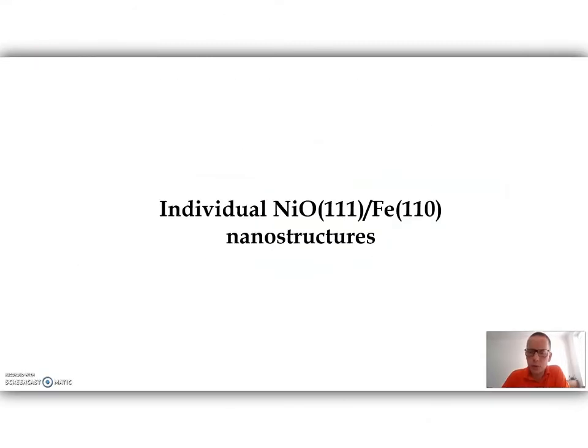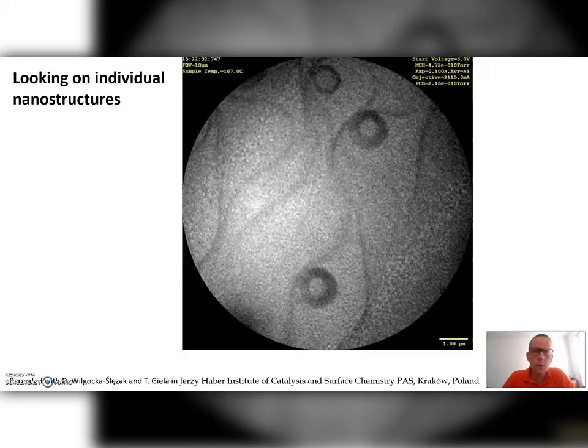I also would like to show you that we can perform similar experiments on individual ferromagnetic, antiferromagnetic overlayers. What you're going to see here is a low energy electron microscopy movie, recorded during the annealing process of 5 atomic layers of iron grown on a tungsten 110 single crystal.